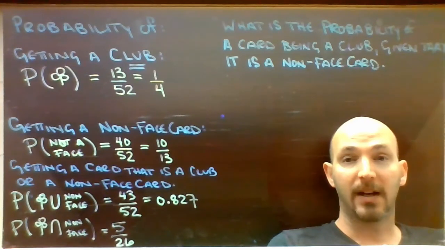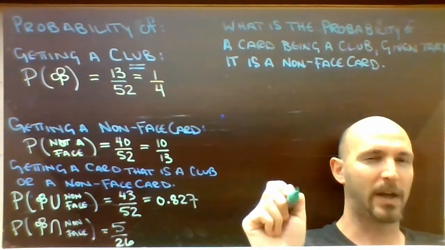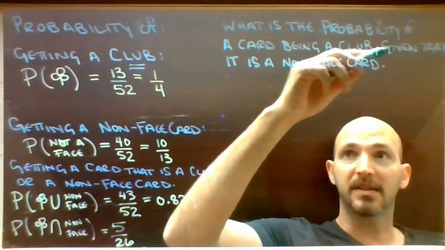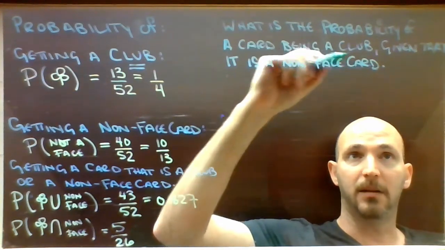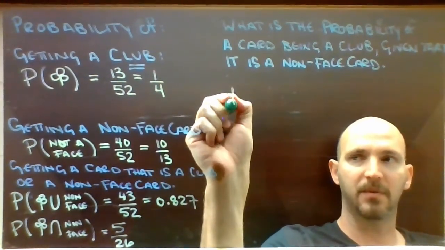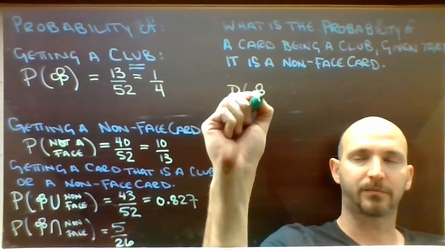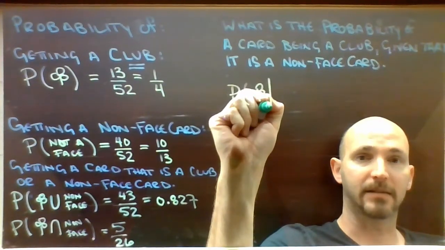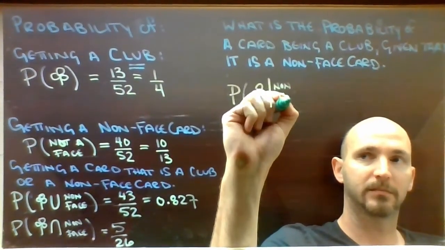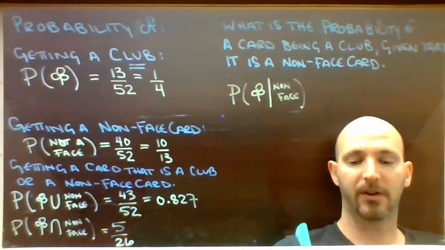So if we can try and bend this calculation and the notation to get 1 out of 4 as our answer, then we will have succeeded. So what is the probability of a card being a club given that it is a non-face card? So the way you write that is the probability of a card being a club given that it's a non-face card. Well, there's a formula for calculating this.